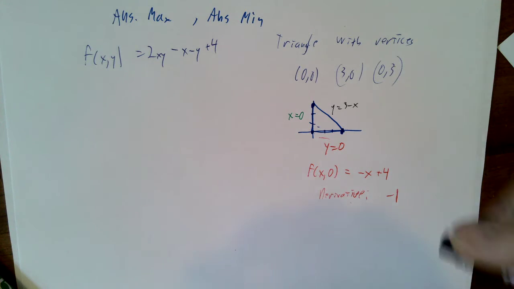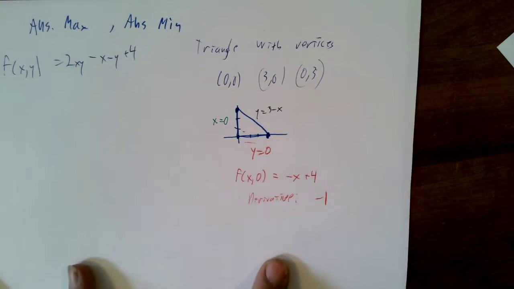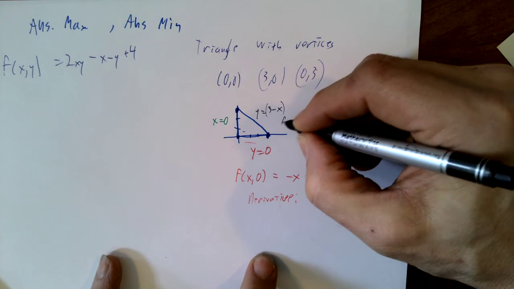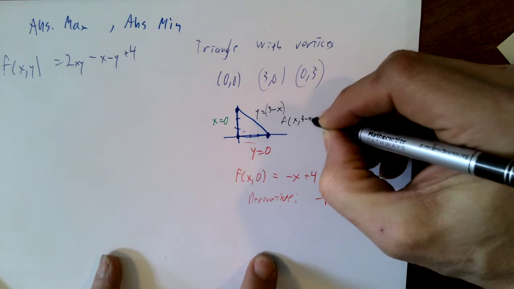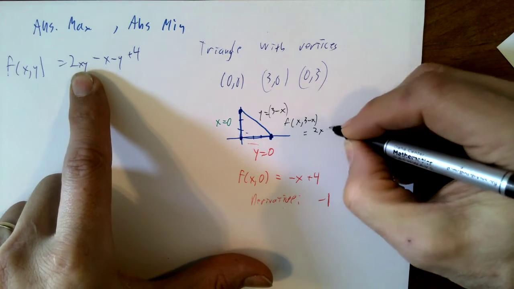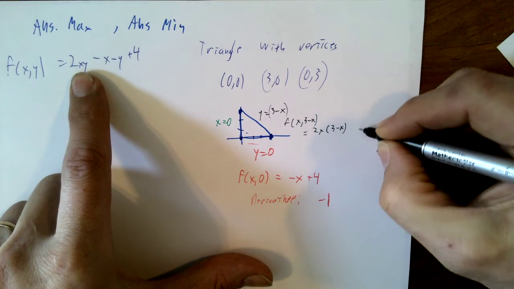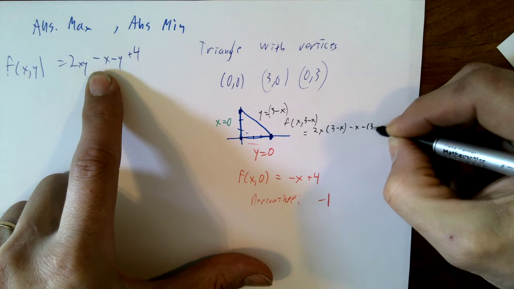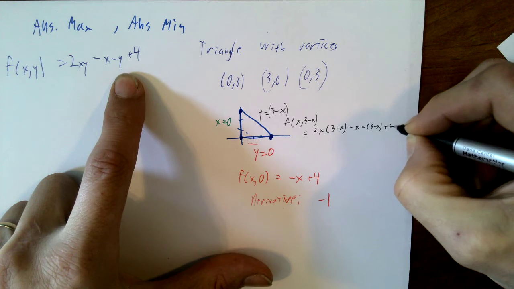Go to the black side, do the same thing. Well, the black side's going to be more complicated because y is 3 minus x. So I'm looking at f of x, 3 minus x. I'm substituting 3 minus x for y in this. So I got 2x times (3 minus x), minus (3 minus x), plus 4.